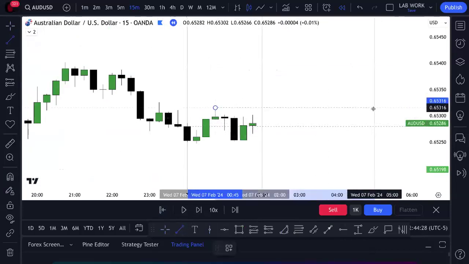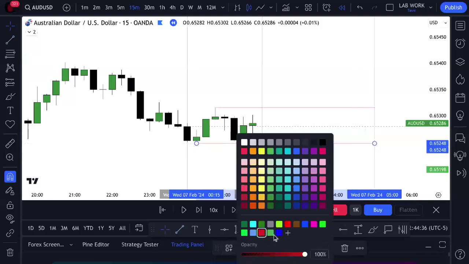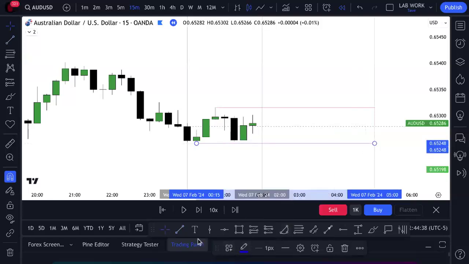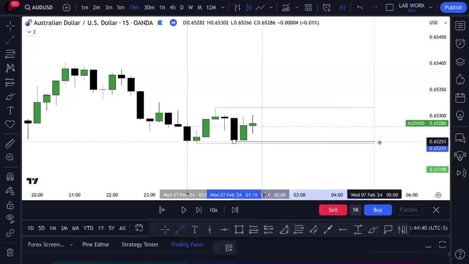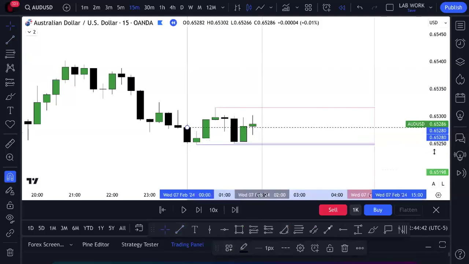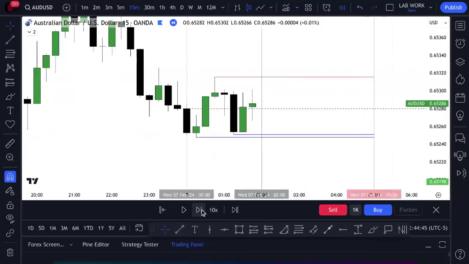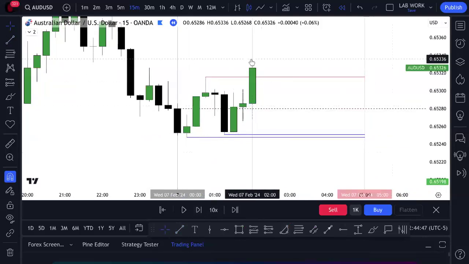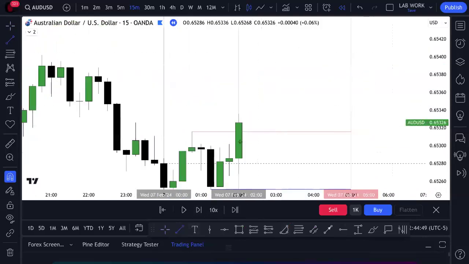Buy side. I'm going to go through this a little faster here since we've got a couple examples underneath our belt so far into tonight's lesson. Sell side. Play it forward. Boom. Buy side's taken instantly.